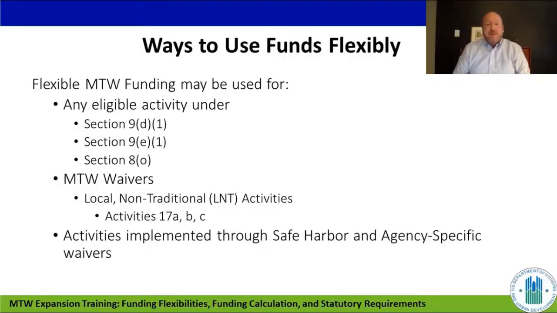But there is a new concept for you all that non-MTW agencies don't have, which is this ability to implement local non-traditional activities. Those are activities outside of Section 8, outside of Section 9, and those are outlined if you look in the MTW waivers appendix in the operations notice. That's waiver 17.